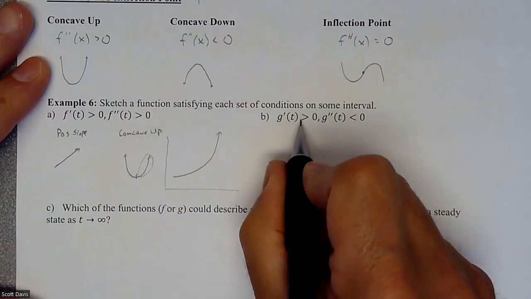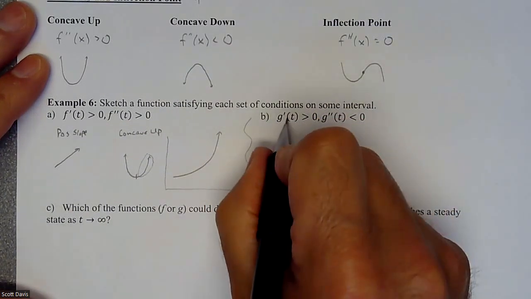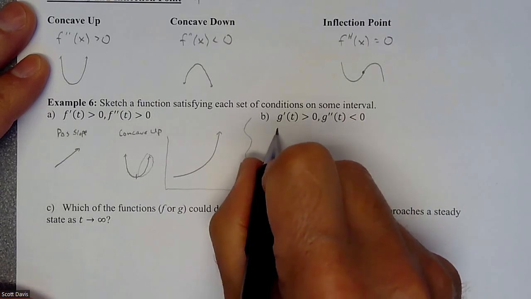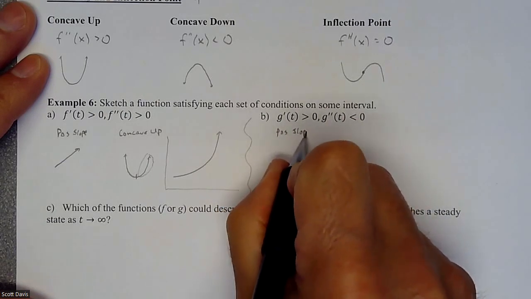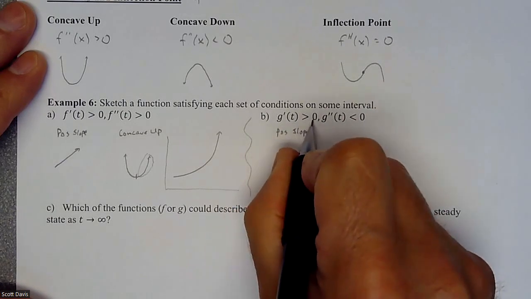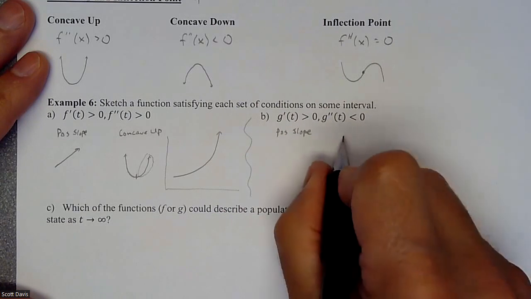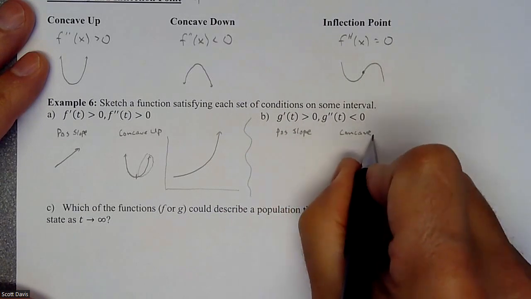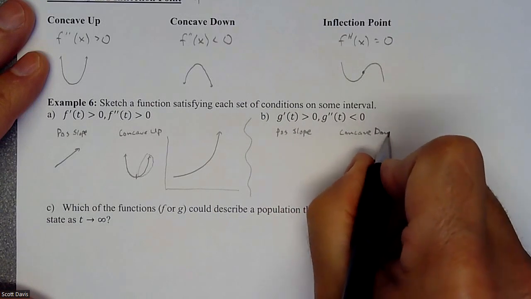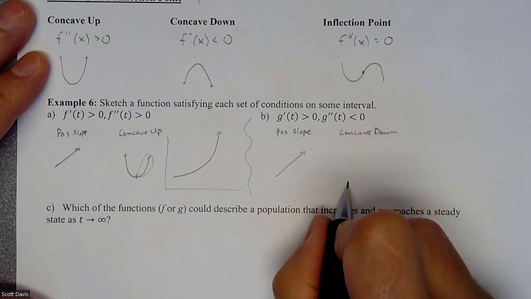And then here we have a different example. Positive slope, with the first derivative being greater than 0, and then you have the second derivative being less than 0, so that's negative. So that is concave down. And so you have a positive slope and concave down, which would look like this.